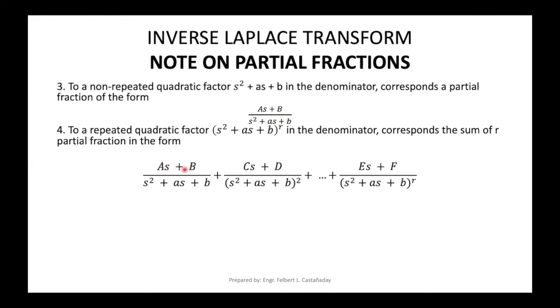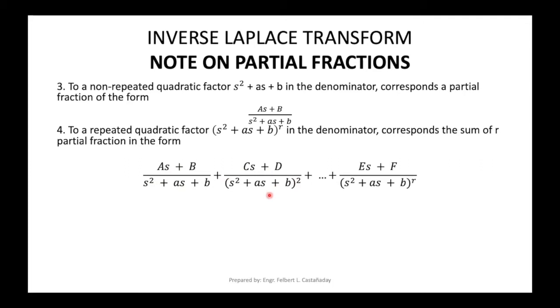Okay, as plus b over s squared plus as plus b, plus c s plus d all over the square of the quadratic factor. Kung 4 yung constants, 4 na partial fractions. Kung dalawang factors, dalawang partial fractions na pinag-add natin. Clear?